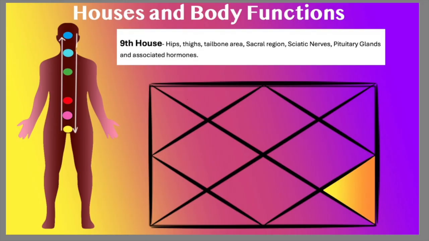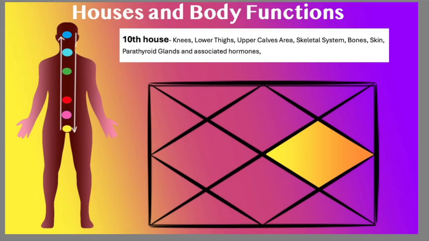Speaking of it biologically, we are trying to translate everything in terms of biology now, because this is a holistic science, Vedic astrology. Okay, so everything will tie in biologically also. The 10th house, in the same way, represents knees, lower thighs, the public visibility area, upper calves, the skeletal system, bones, skin.